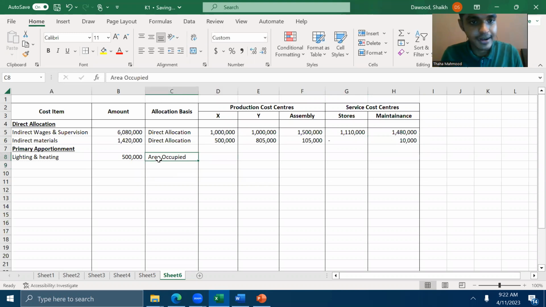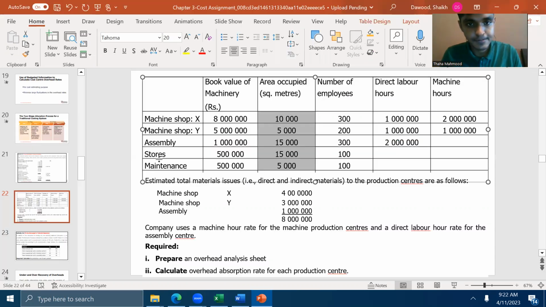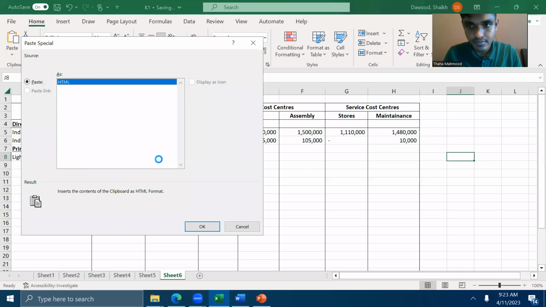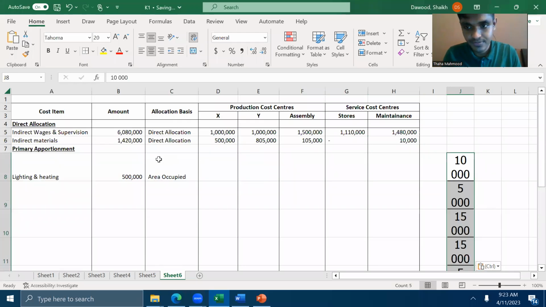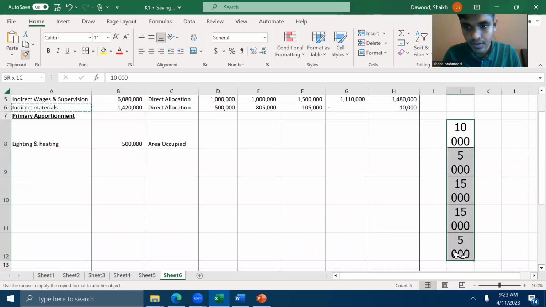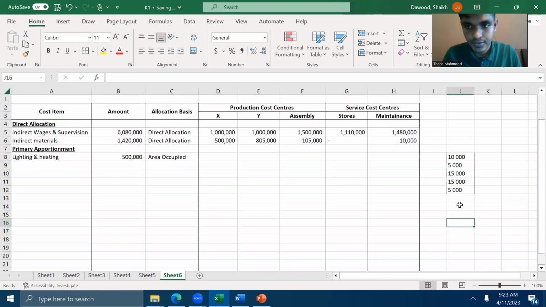If I make, so make the cost center. No. Okay. So this is the total.